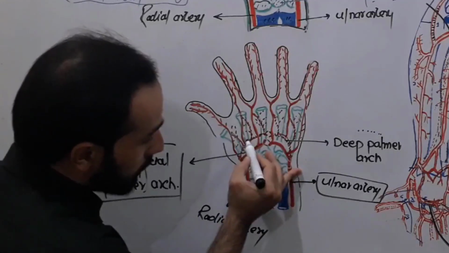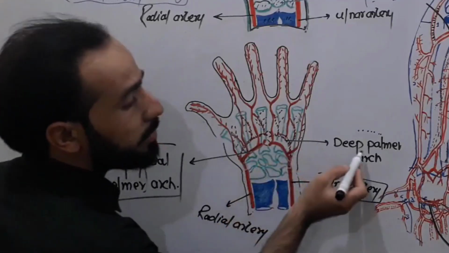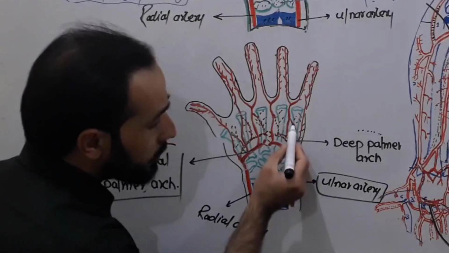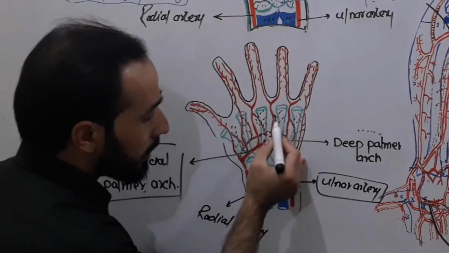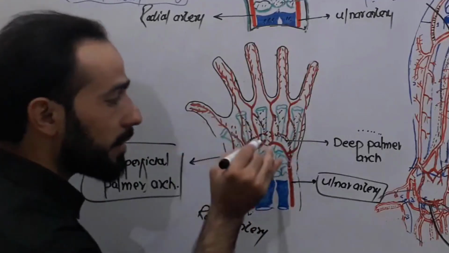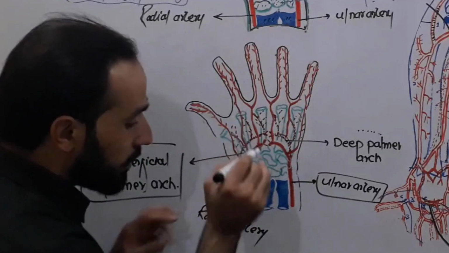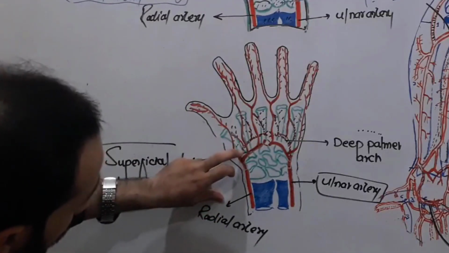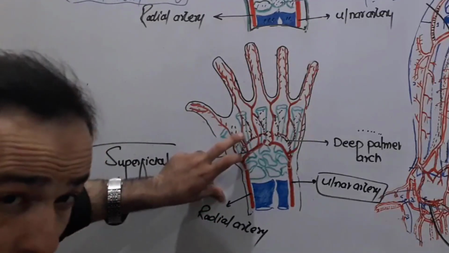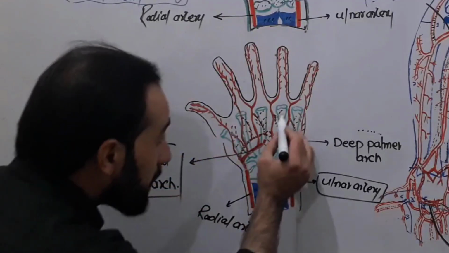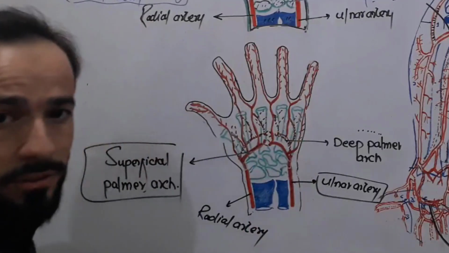This dotted representation shows the deep palmar arch, and from it there are arteries which I have represented in dotted manner, and these are present deep in the hand, deep in the palm, right? They are separating from this deep palmar arch, and that's why we call them palmar metacarpal branches, right?